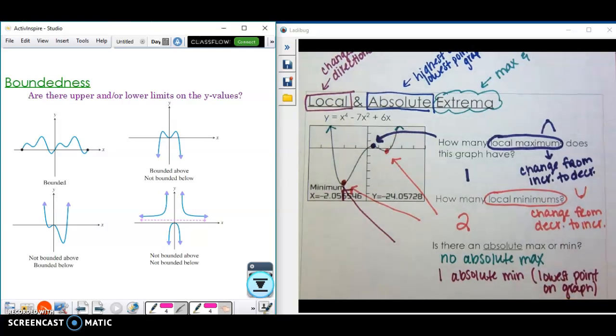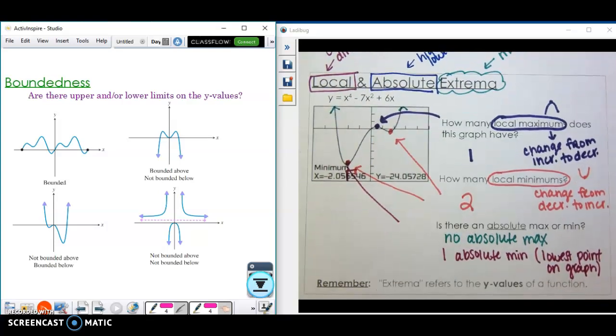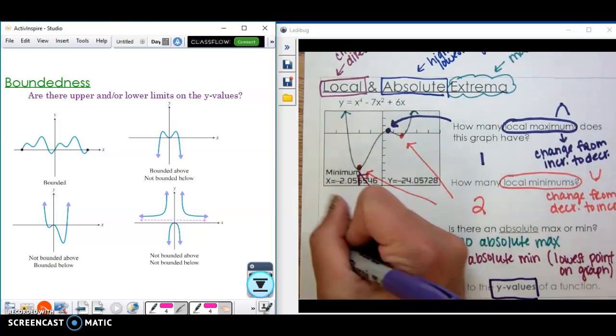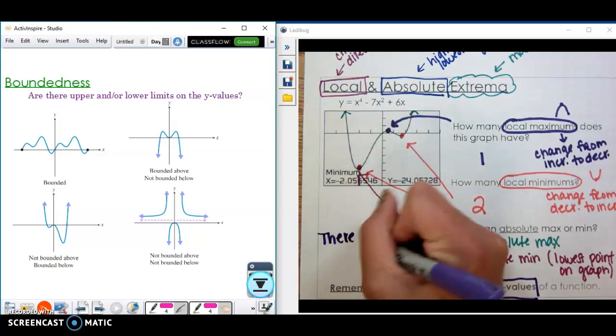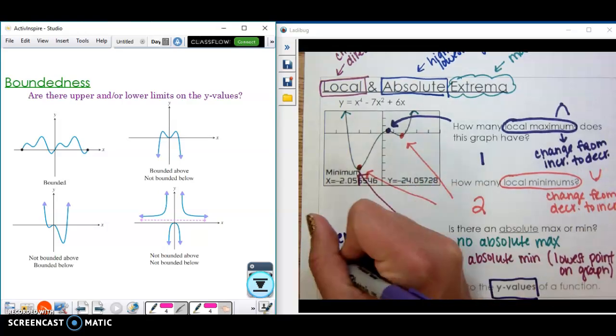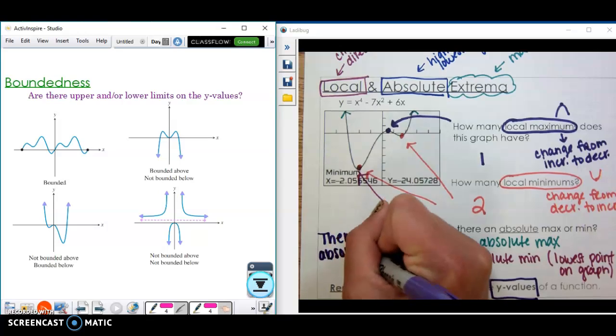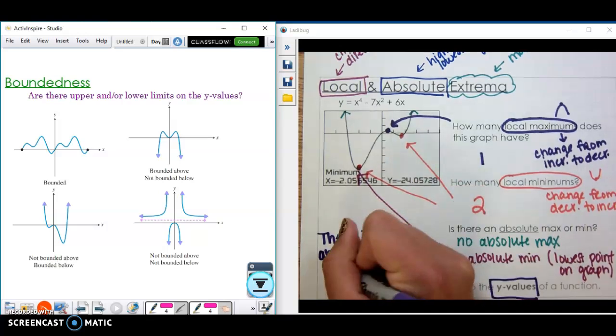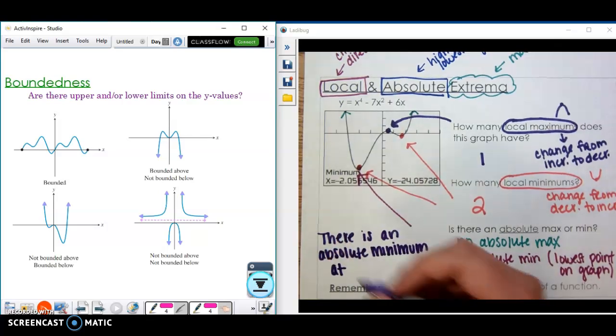Okay. And then at the bottom it just says, remember, extrema refers to y values. So if I ask you to write about the extrema, you would use the y values here. So what does that mean? So if we were going to write a statement about this graph, we could say there is an absolute minimum at, and if you were going to tell me where it is, you would use the y value.